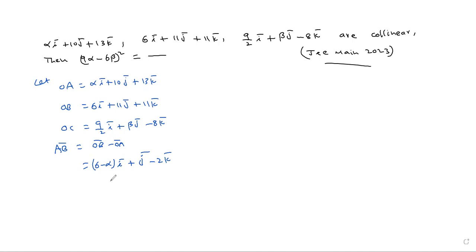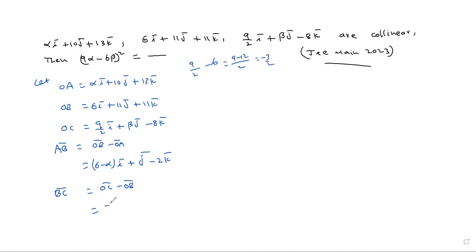Now find BC bar. What is BC bar? BC bar is nothing but OC minus OB, which is 9/2 minus 6. If you want, you can do rough work. OC minus OB, 9/2 minus 6. 2 is the LCM: 9 minus 12, which is minus 3/2.